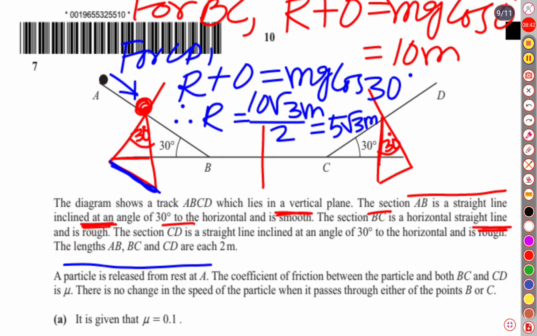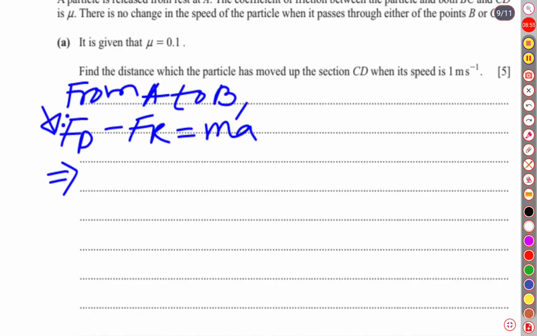This is weight. Only weight is acting as the driving force here. So we will find the component of weight along the slope. That is mg sin 30 degrees, minus the resistance force.